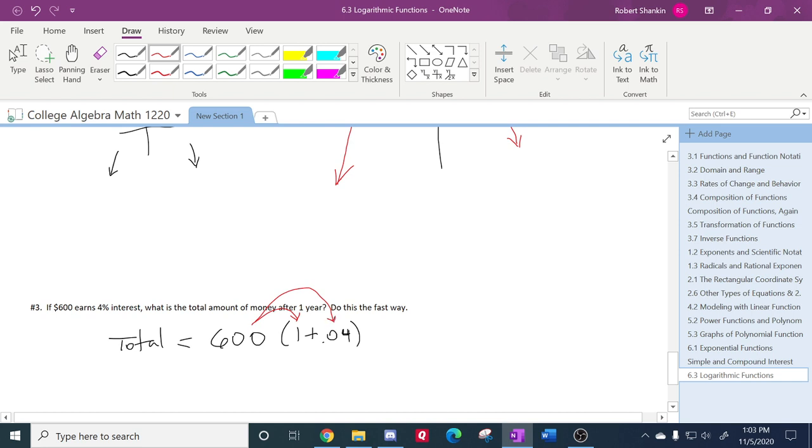When you do this, it adds the interest. It gives you your total answer in one step. And I'm going to pull out my calculator. I get $624.